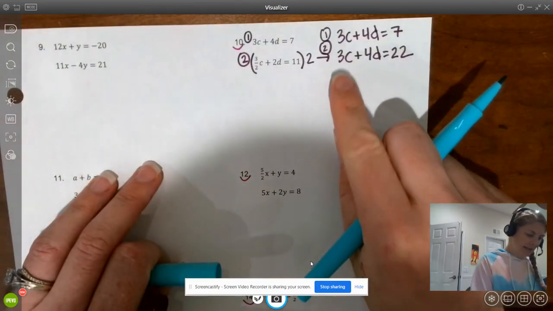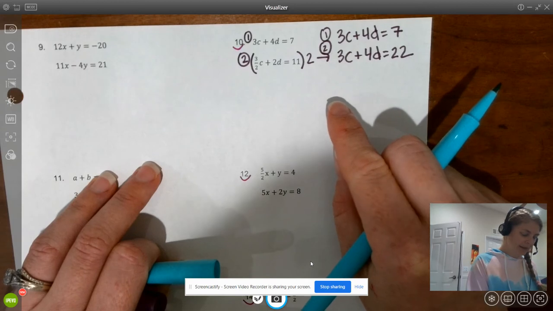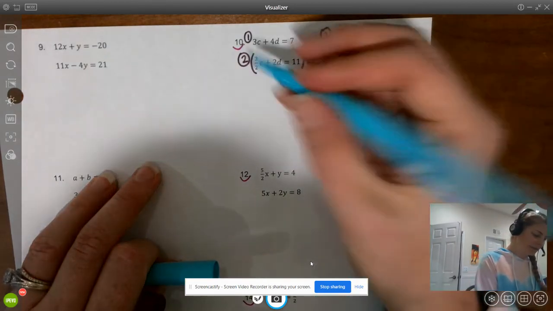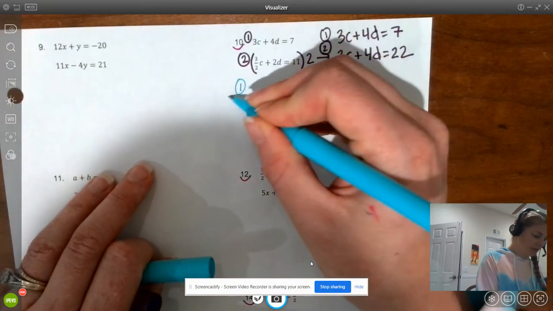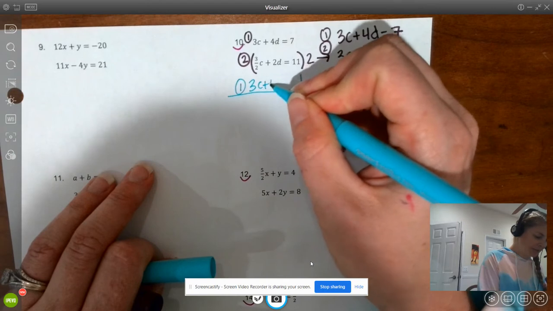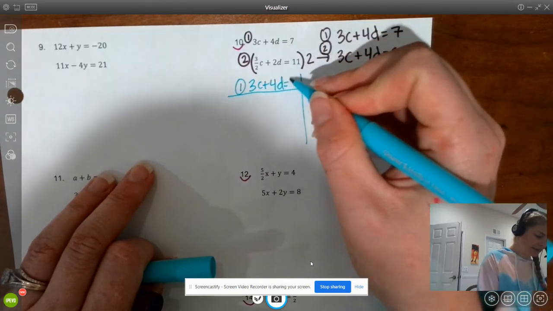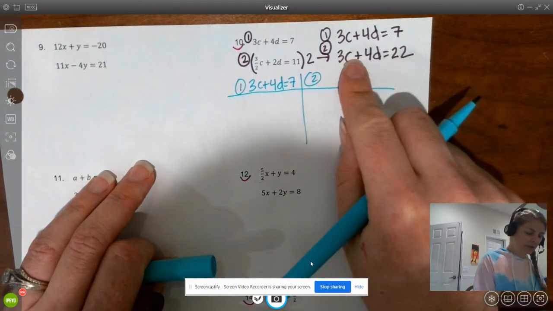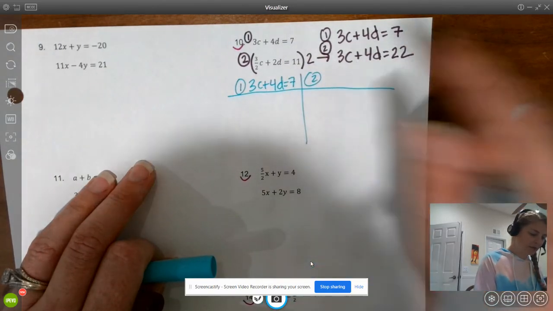So I see that these are both going to give me some nasty fractions. So I'm just going to deal with equation 1, which is 3c plus 4d is equal to 7, and then equation 2. And I am going to use the non-fraction amount for equation 2.